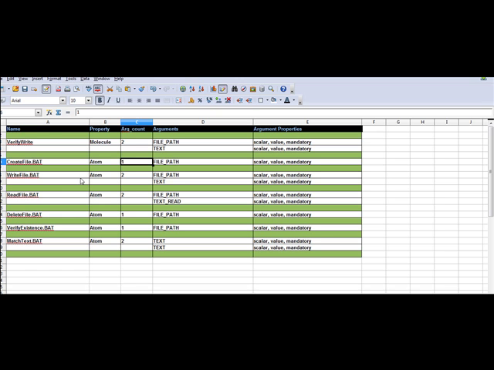The prototype worksheet has 5 columns. First, the name of atoms or molecules used in the test suite. The second is the property to specify whether it is an atom or molecule.